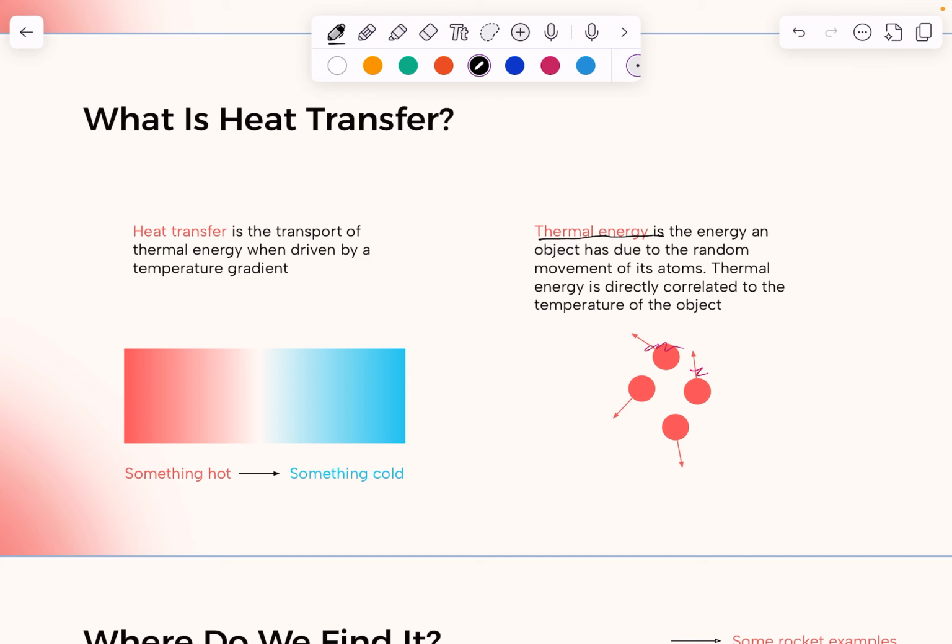Thermal energy is an energy that's associated with an object because that object has random movement in its atoms. These little atoms are vibrating, and because they're vibrating, they have a certain kinetic energy. That average kinetic energy, or mean motion of those molecules, is associated with what we call temperature. So that's what thermal energy is.